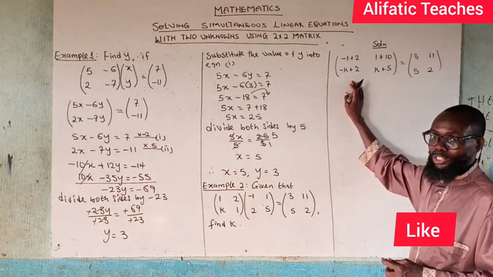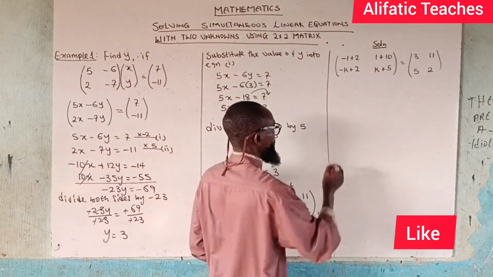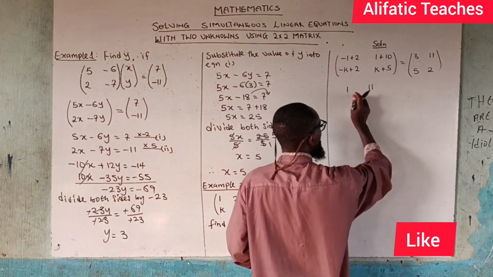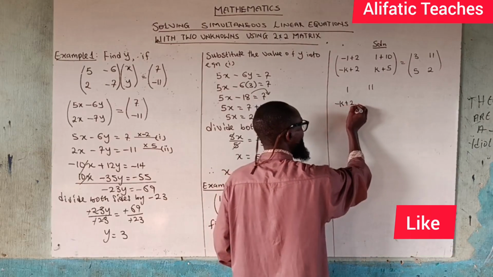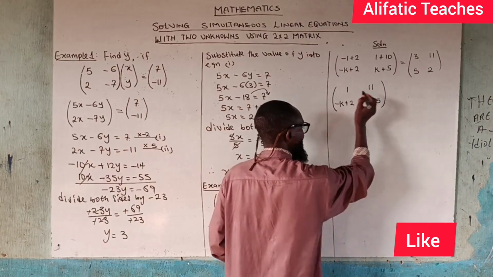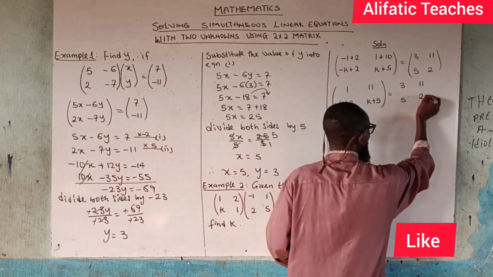Then let us sum up. Minus 1 plus 2, I have 1. 1 plus 10, 11. Minus k plus 2 can't be added. Leave it that way. Then k plus 5 can't be added. Equals to 3, 11, 5, 2.